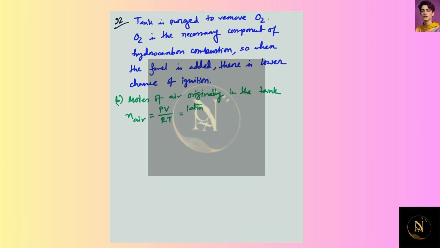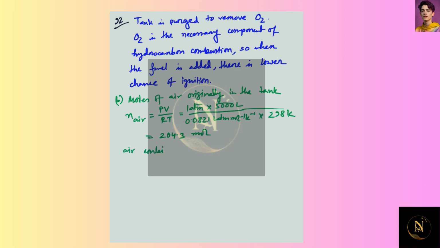Let's insert all these known values. Pressure is atmospheric pressure, volume is 5000 liter, the temperature is 298 Kelvin. Therefore, the moles of air originally in the tank is 204.3 moles.